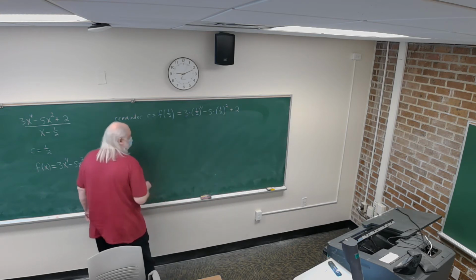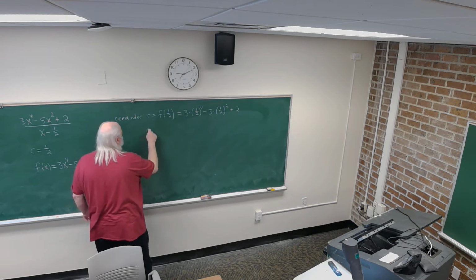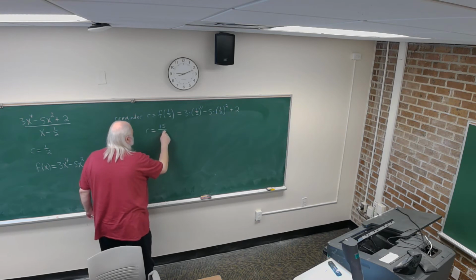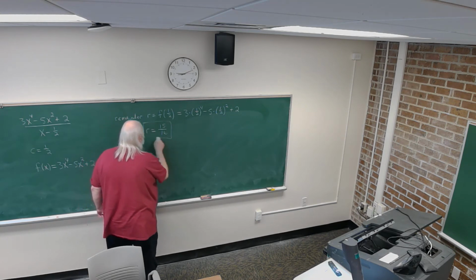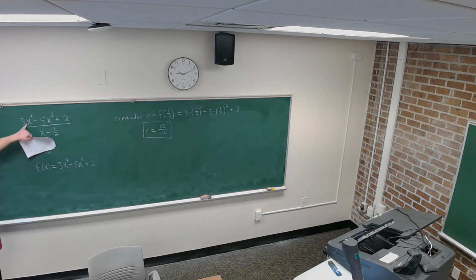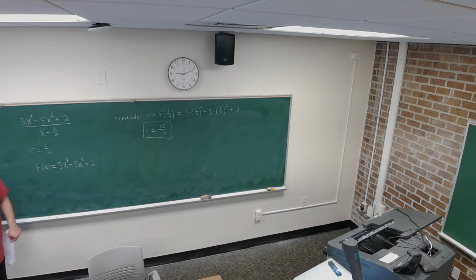And again, you've got to do PEMDAS, doing that arithmetic, and you get the remainder is equal to 15/16. So if we divide this fourth degree polynomial by x minus 1/2, we would discover that the remainder is equal to 15/16. Any questions on that? That's what the remainder theorem tells us. Now we don't know what the quotient is, but we know what the remainder is.